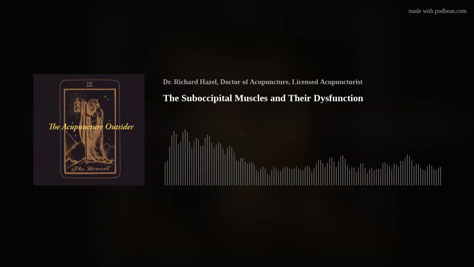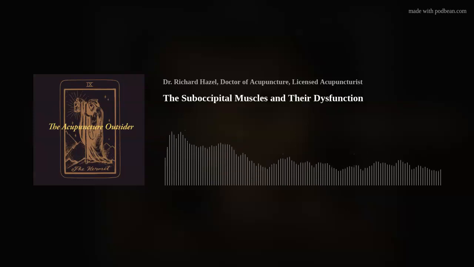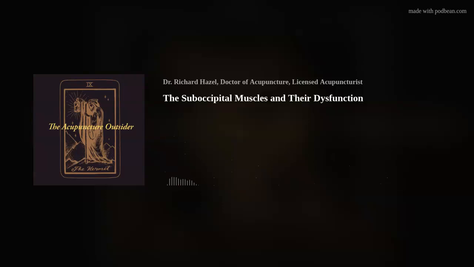I may be missing something, but I feel like I get very good results by focusing on the rectus capitis posterior major. And we're going to talk about the obliquus muscles, the obliquus capitis inferior and superior. These three muscles form a triangle, the suboccipital triangle.